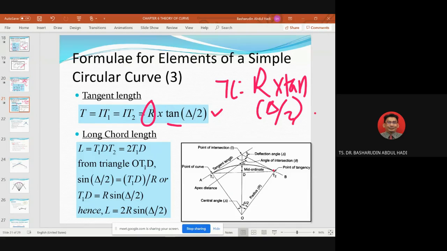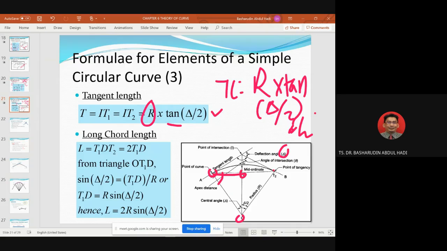Alright. From triangle O T1 D, this angle theta over 2 is equal to T1D over R, so T1D equals R sine theta over 2.